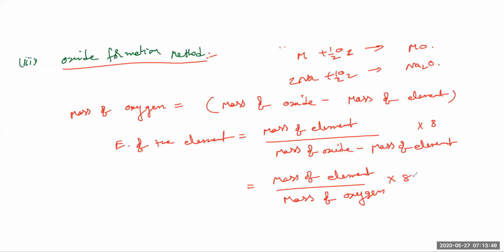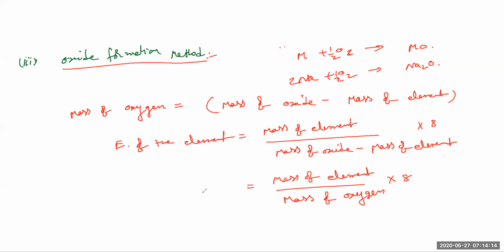In the previous formula also, 1 by 1 means the equivalent mass. 1 is the mass of hydrogen in the denominator and 1.008 is the equivalent mass. The equivalent mass and mass are the same for hydrogen because it is monovalent. Archana, it is not so in all cases.